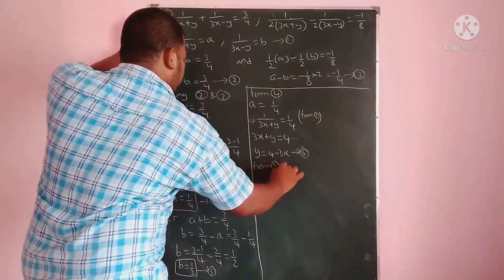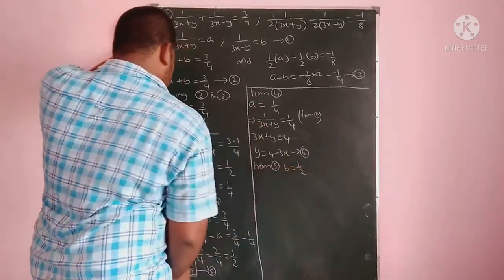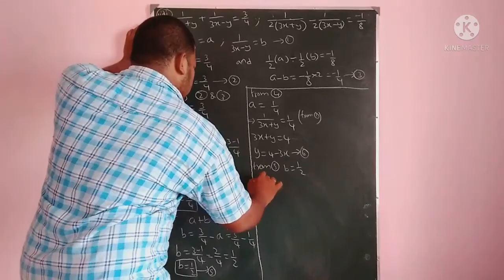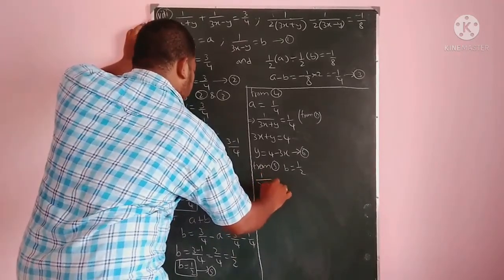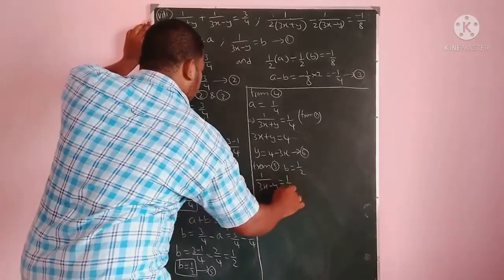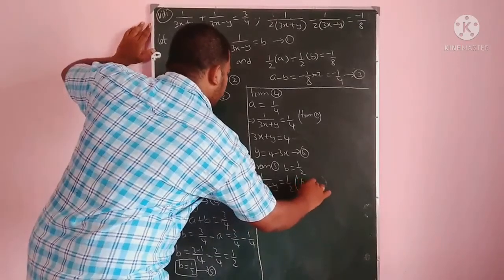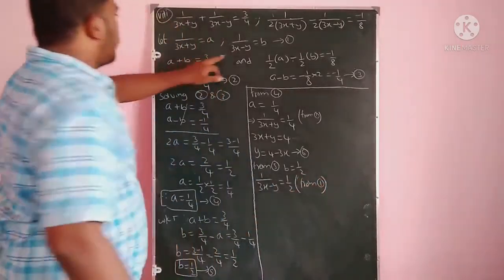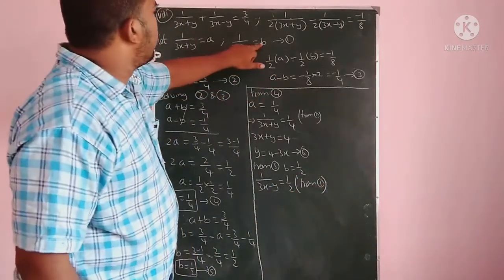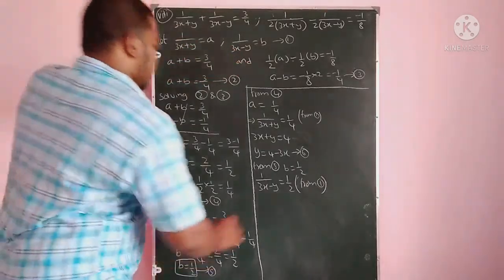Now from 5, b is equals to 1 by 2. So that means 1 by 3x minus y is equals to 1 by 2. So from 1 we are taking, because from 1 we can say b is equals to 1 by 3x minus y.